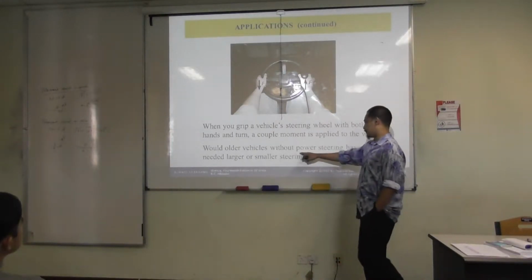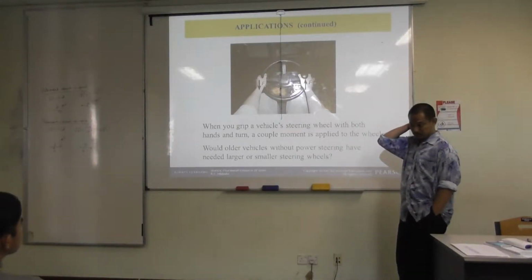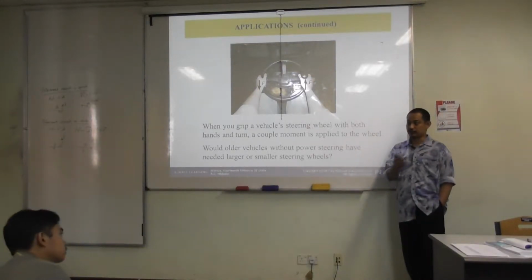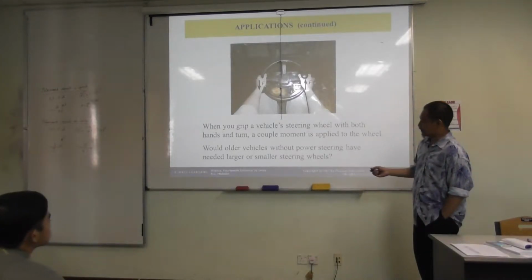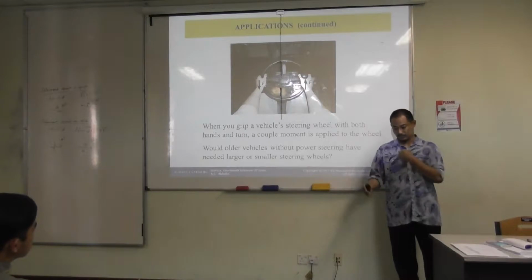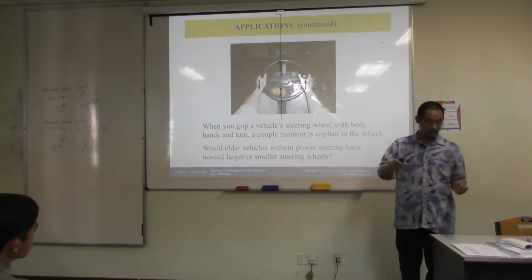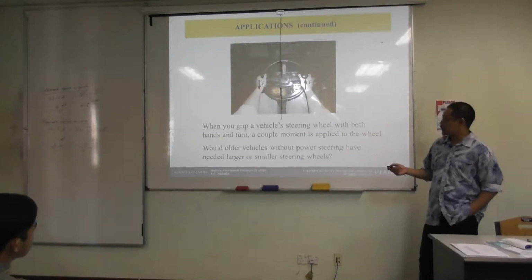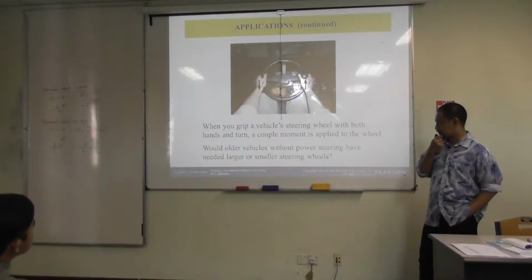Of course, if you have power steering, then that's a different case, because power steering is already applying force, for those who are in mechanical, for example, they learn about hydraulics and stuff, right? But if it's purely mechanical, meaning whatever is needed to turn the wheel comes from our hand, then the amount of force that we need to apply is a consideration, right?